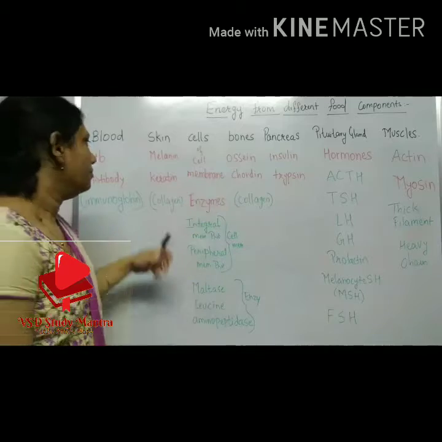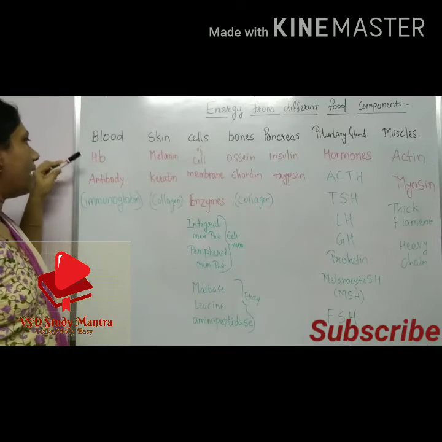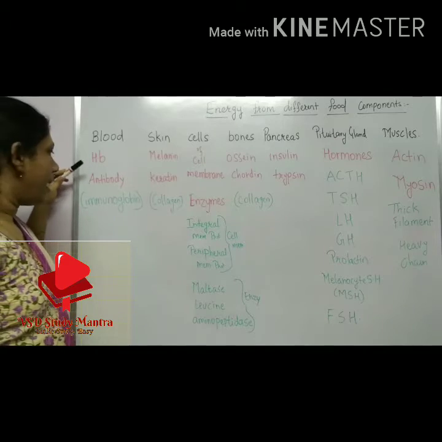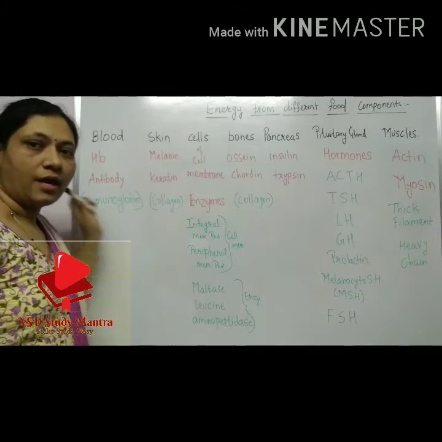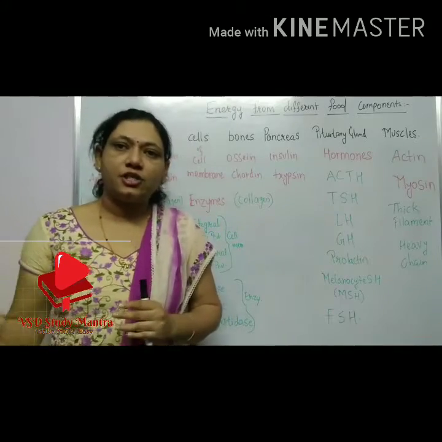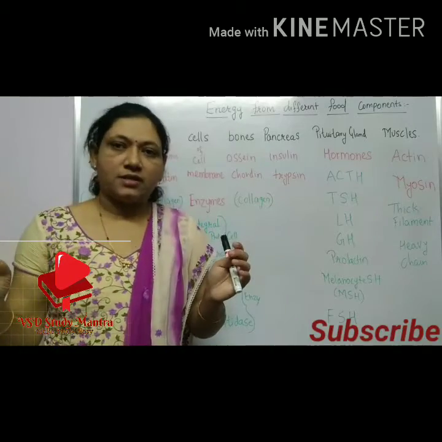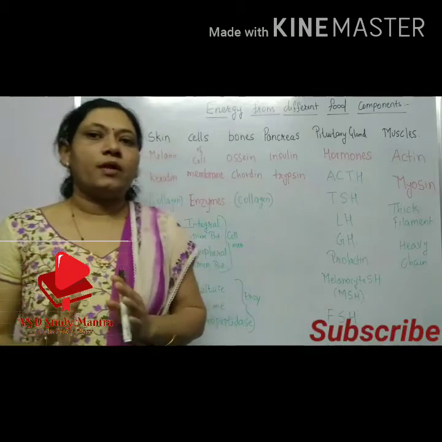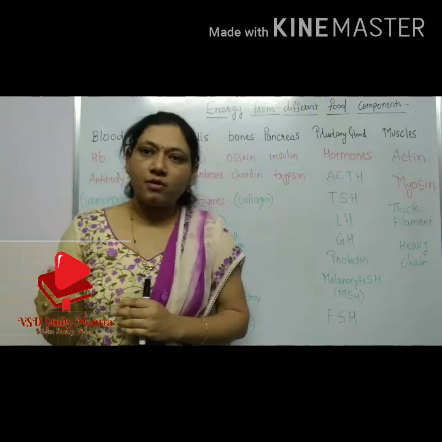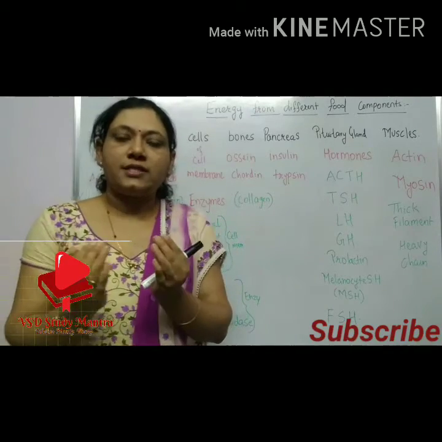First one is blood. Blood has hemoglobin and antibodies. Proteins have different sizes and shapes according to their amino acid sequences. Now hemoglobin, we will talk about that. Globin means a globe like structure.